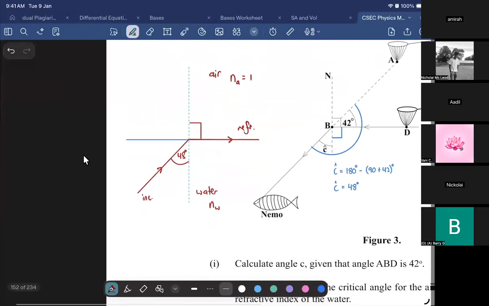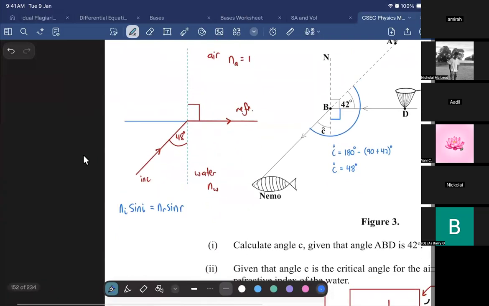Sine i is equal to nr sine r. Right. Now, where's the incident ray? If it's in water, then the refractive index is going to be nw. Make sense? Yeah.